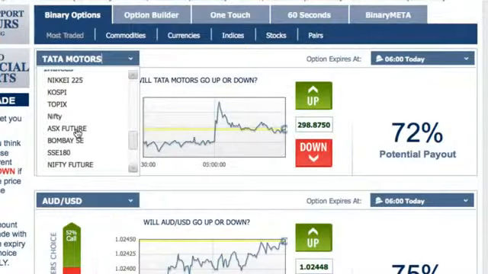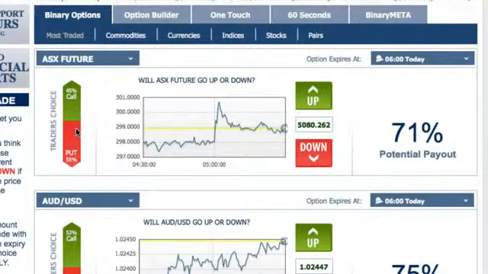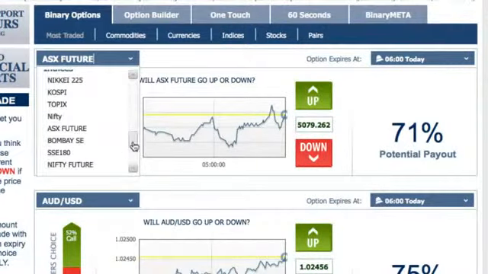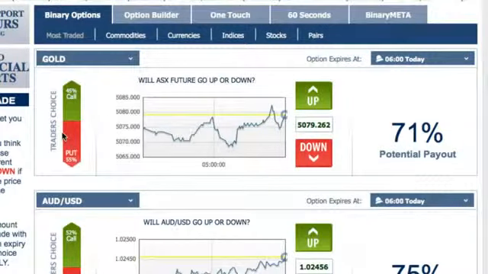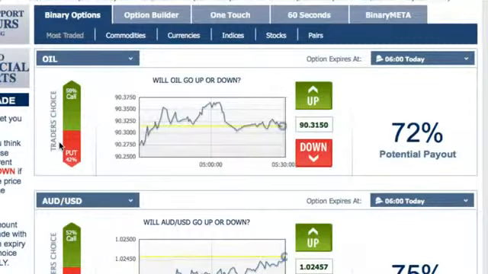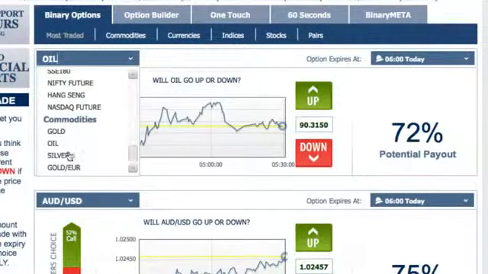Let's have a look at the ASX future. A bit sideways. Let's have a look at gold. It's a bit sideways. Oil. No. Silver.